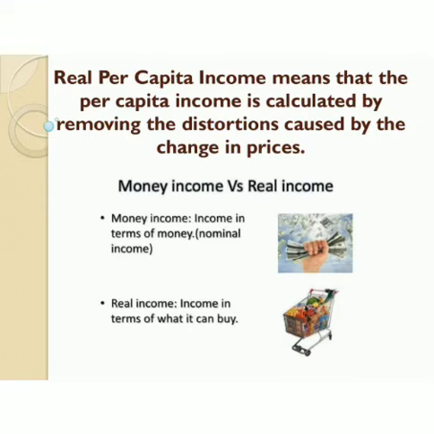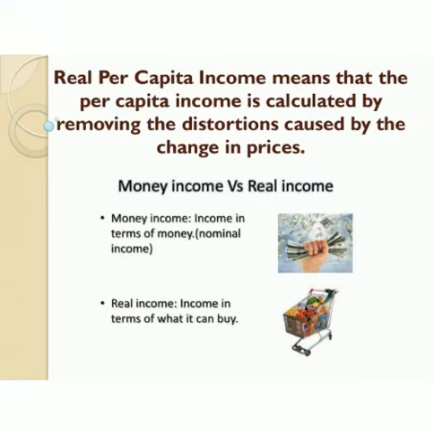Imagine that you have 1,000 rupees of pocket money every month. That is your money income. But every month with that 1,000 rupees, you end up buying 10 books worth 100 rupees each. So your real income is 10 books. Now imagine that your money income has increased. So money income increased to 2,000 rupees in terms of your pocket money.